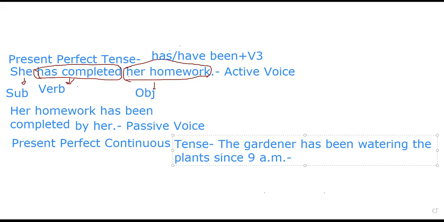Can it be changed to passive voice? Now see this type of sentence structure.